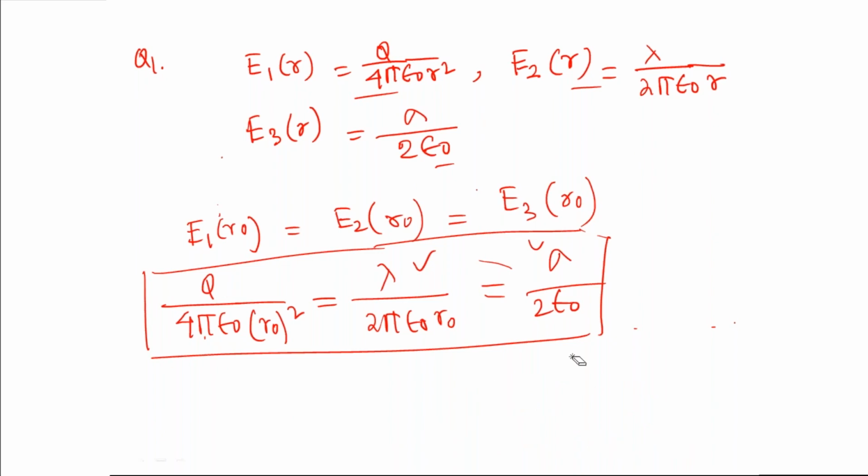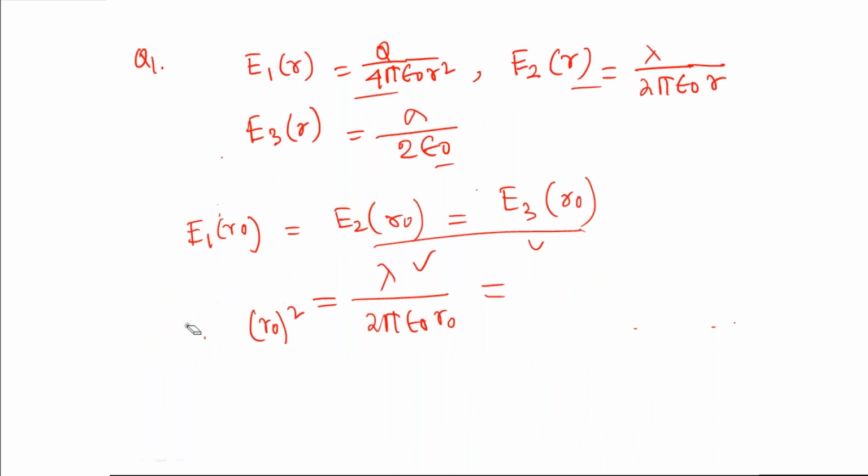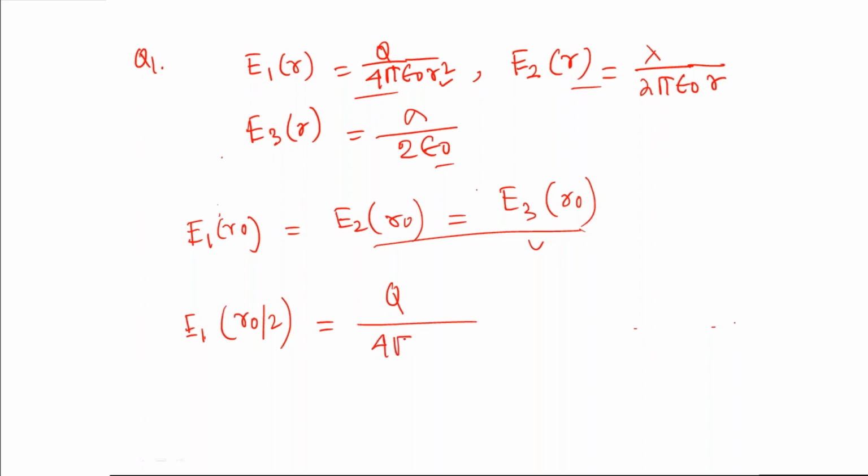What is that? In place of R, I'll put R0 by 2. What I get is Q divided by 4 pi epsilon naught into R0 by 2 whole square. It will be 4Q by 4 pi epsilon naught R0 square.